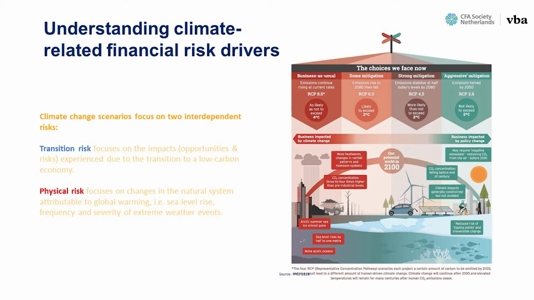Transition risks capture changes in policy, technology, markets, legislation, and regulation. Physical risks, on the other hand, refer to climate-related risks that have to do with the planet itself, such as sea level rise and extreme weather events.